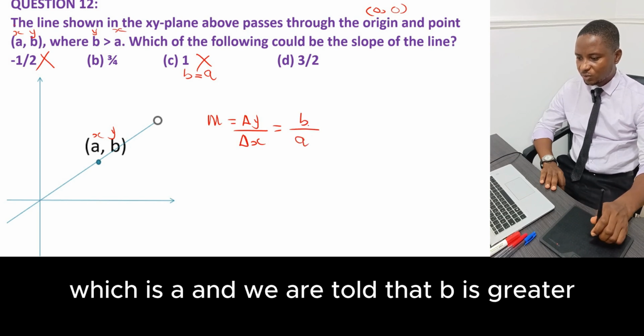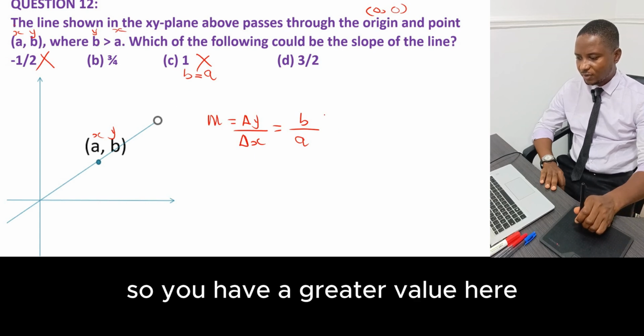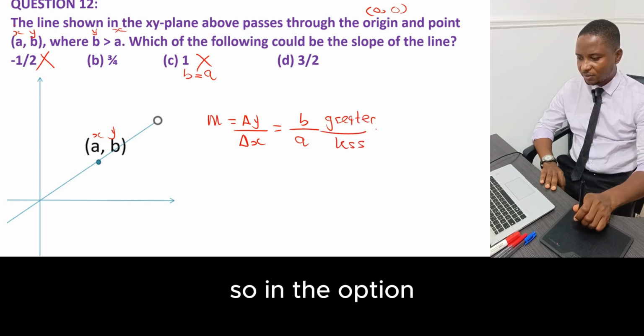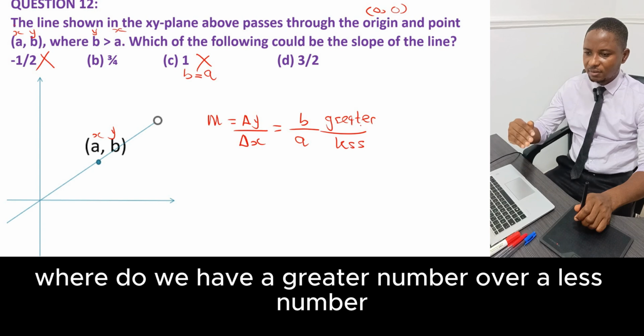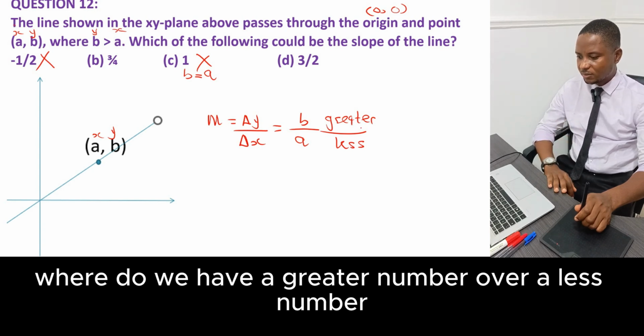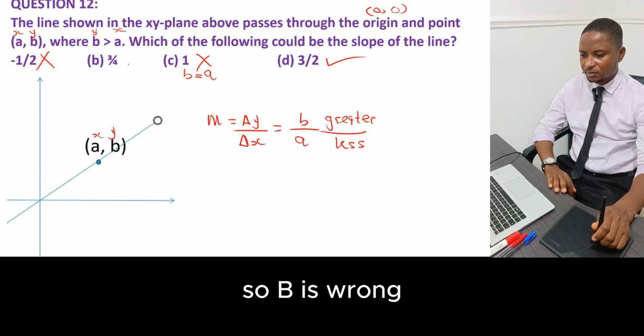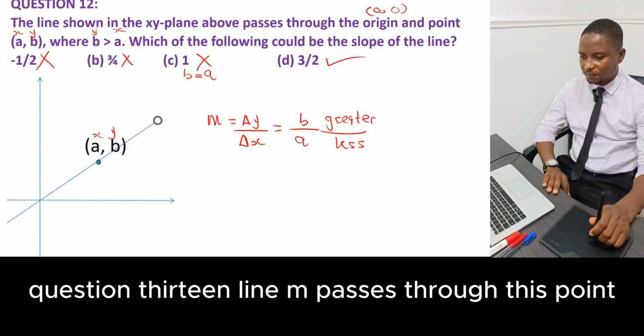And we are told that b is greater, so you have a greater value here, and definitely it will be over a lesser number. So in the options, where do we have a greater number over a lesser number? And that is just option D. So B is wrong.